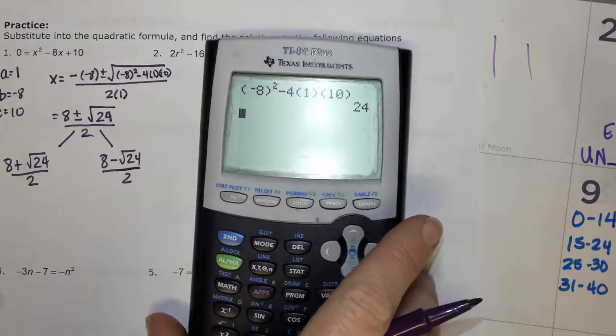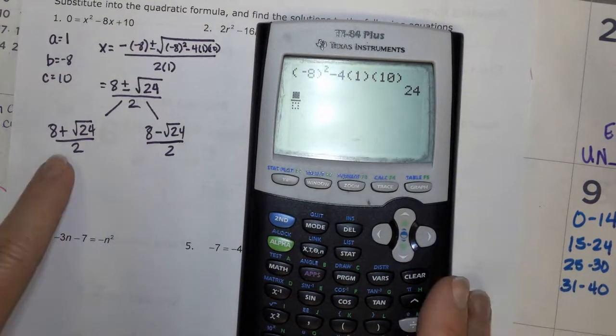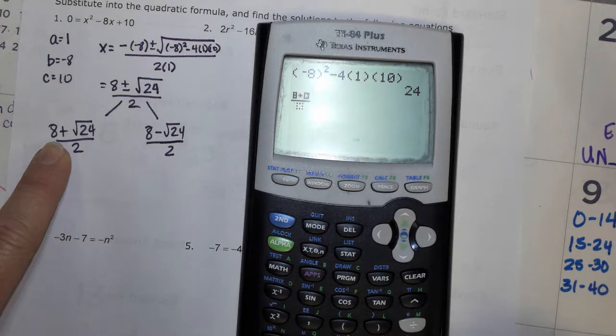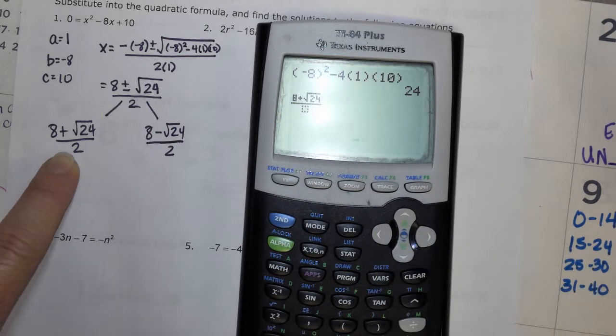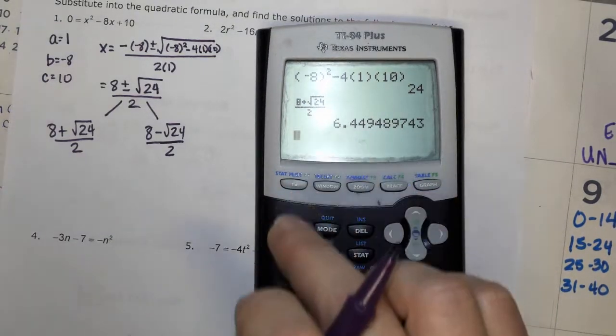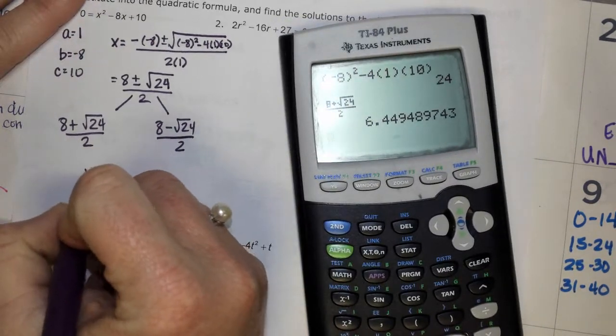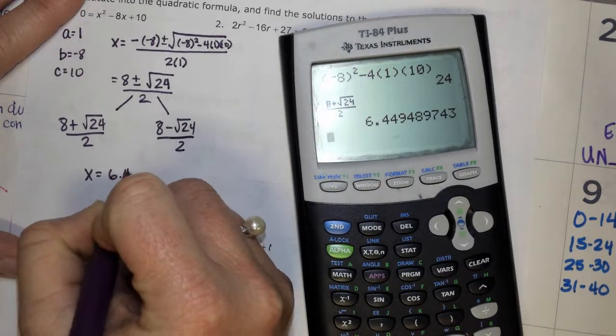So now let me put this into my calculator to find my solution. So first I have 8 plus the square root of 24, all divided by 2. So that's one of my solutions, and I'm going to round up to the nearest hundredths place. So I would have that x equals 6.45.